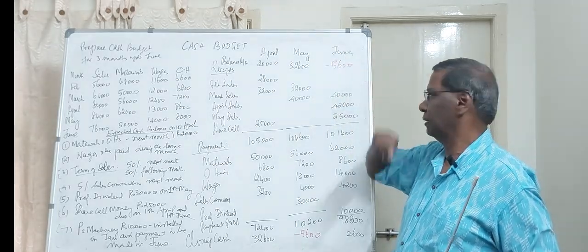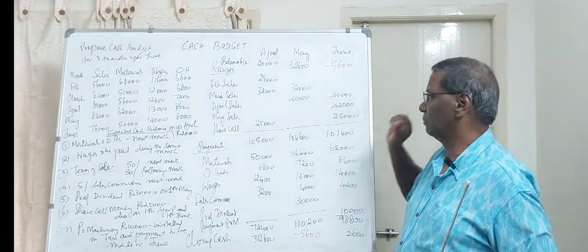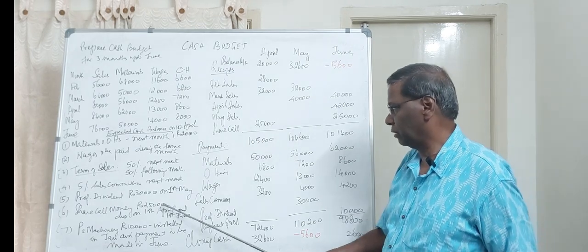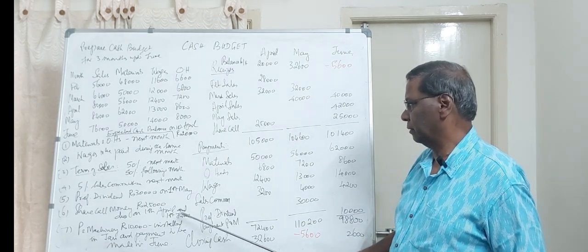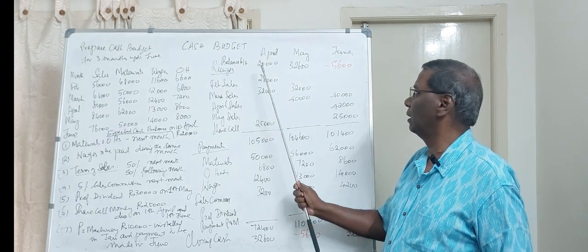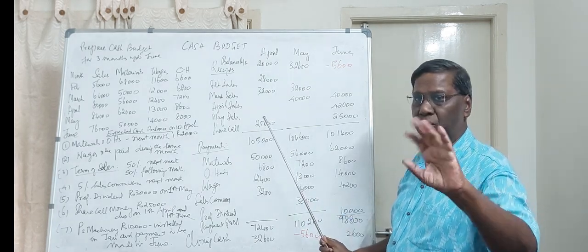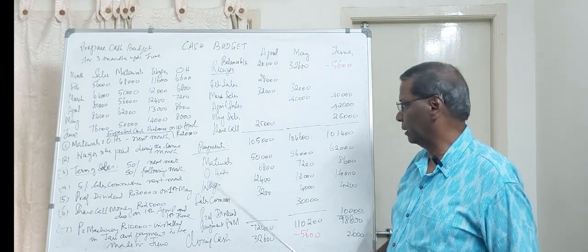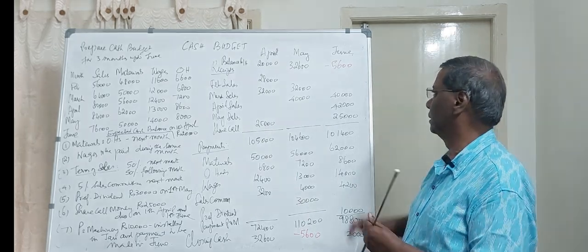Now let us see. Share call money we have already put. Share call money of 20,000 is due in the month of April, which the shareholders will pay. Then another 20,000 in the month of June. This is the receipt.